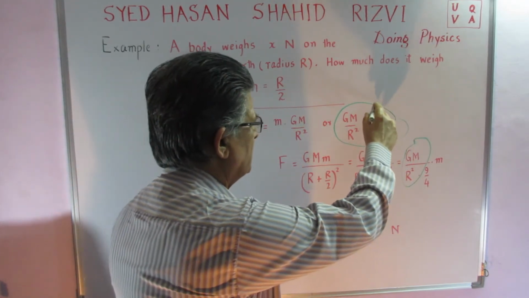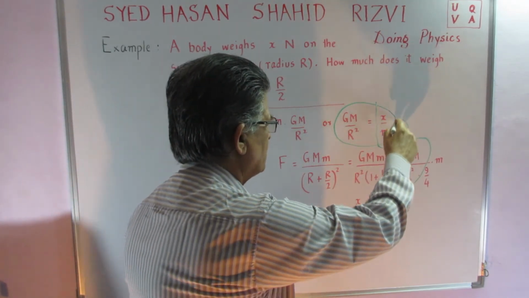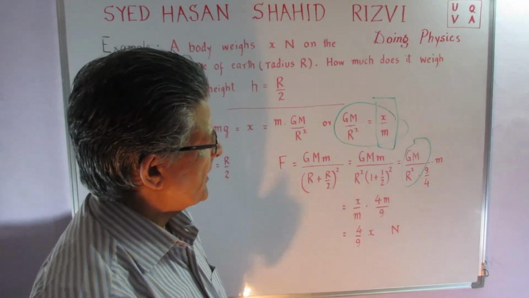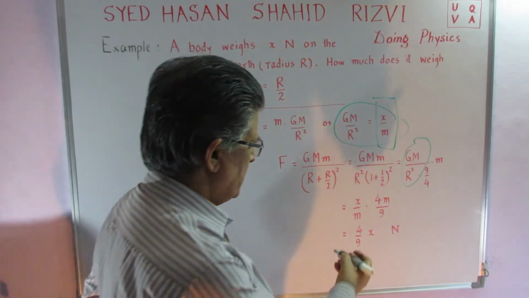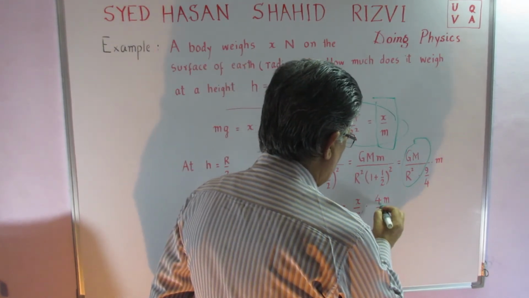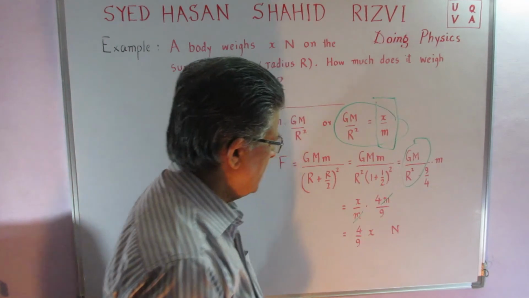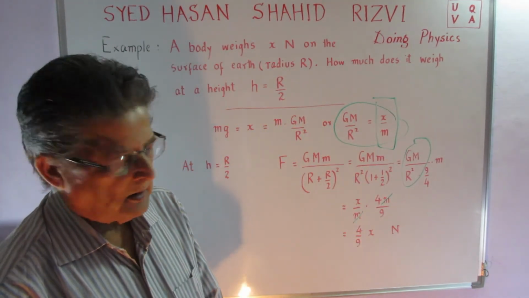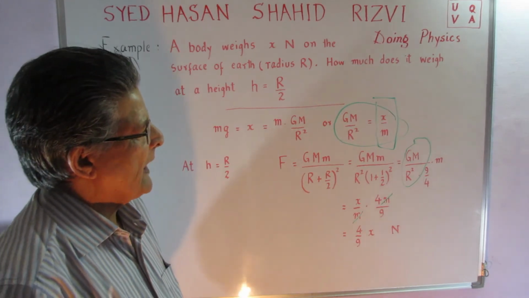I'll just write x upon m from here. So x upon m into 4 m upon 9. So m and m cancel out, and we get 4x upon 9 newtons.